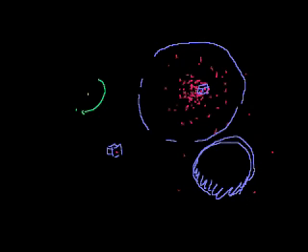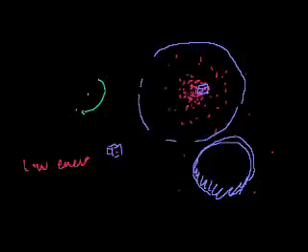And then in the last video we said the electrons fill up the orbitals from the lowest energy state to the high energy state. You could imagine it like stacking cubes.